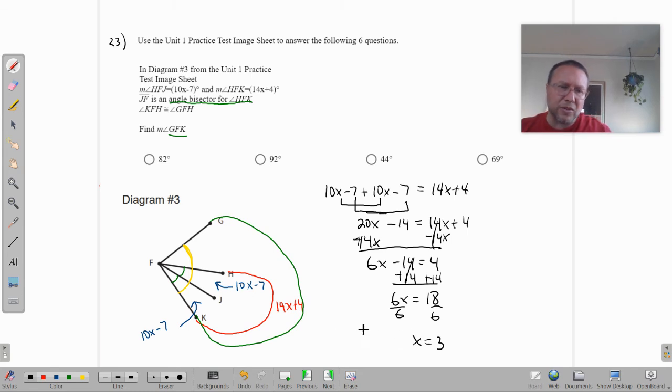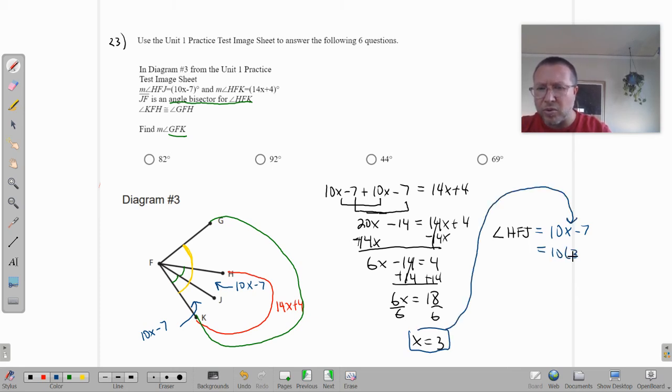Far from being my final answer, I first of all need to figure out what this little angle is. So angle HFJ, that's the one that I did in blue there. I'll switch to blue. So it's 10x minus 7. And I'm going to substitute in 3.